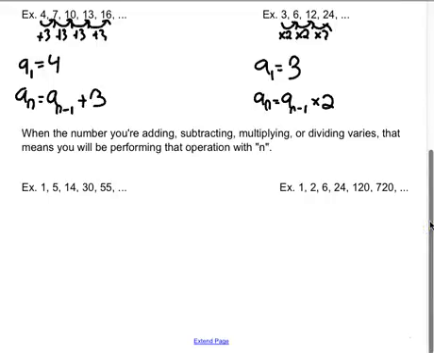So, now, sometimes the number you're adding, subtracting, multiplying, dividing, sometimes it varies. Notice these were consistent. Okay, so it was really easy to write when those were consistent. But when those are varying themselves, then I'm going to have to start using operations in terms of n. Let me show you what that means.